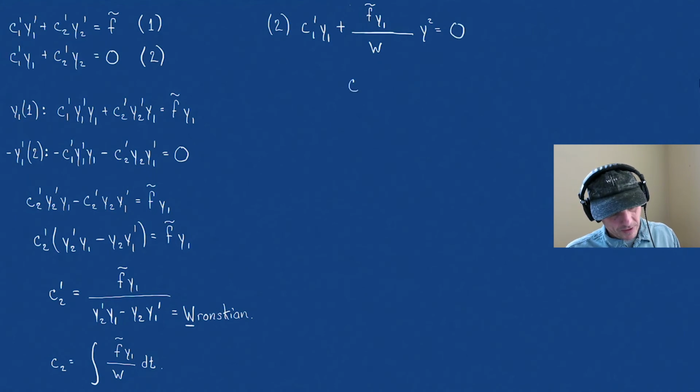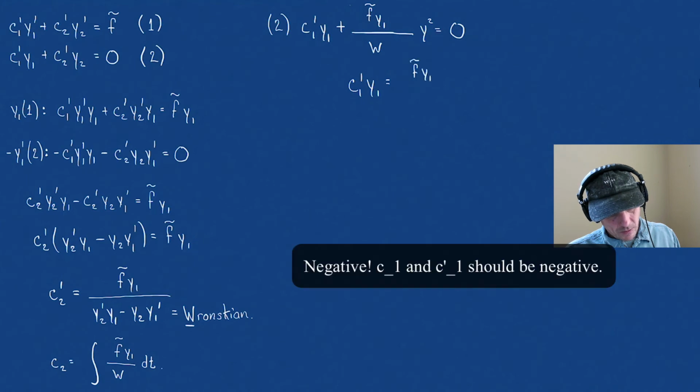So now I have that C1 prime y1 is equal to f tilde y1 y2. Oops, I wrote y squared. It's not y squared, it's y2. And then all of that is over W. I can divide both sides by y1, and so look at what we've got.